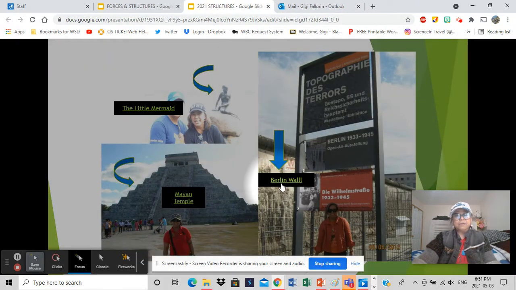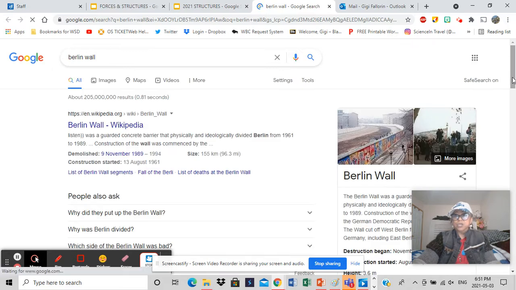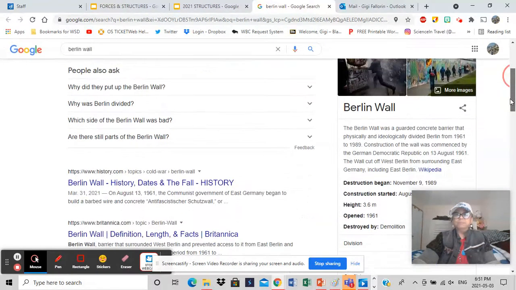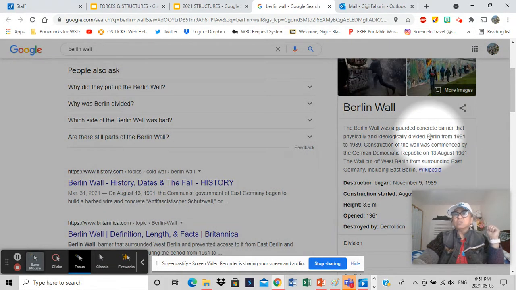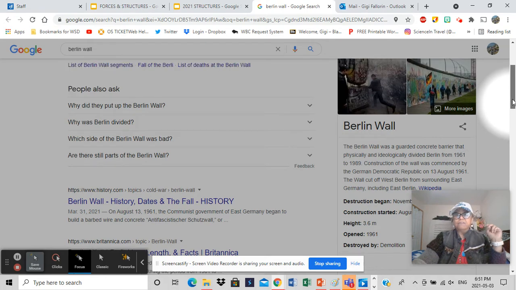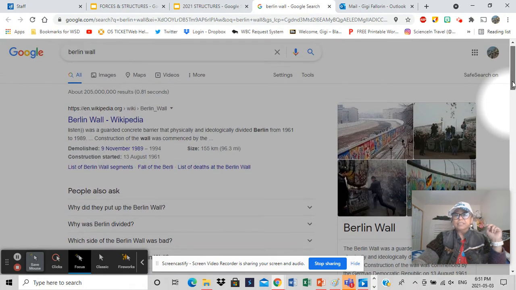Now, what else? Of course, there's the Berlin Wall in Germany, right? The Berlin Wall was a guarded concrete barrier that physically and ideologically divided Berlin from 1961 to 1989. And then, of course, it happened.